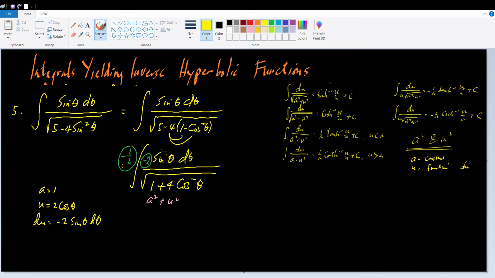And our integrand now will be of the form du over the square root of a squared plus u squared, which of course is equal to inverse hyperbolic sine of u over a. So our answer here will be negative 1/2 inverse hyperbolic sine of u, which is 2 cosine theta, all over a, which is 1, plus c.